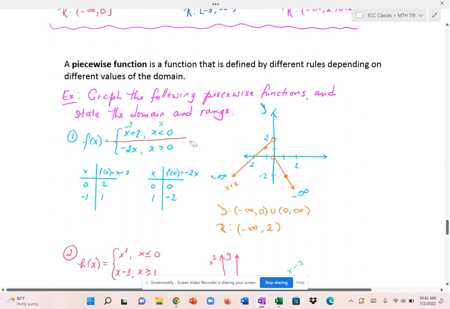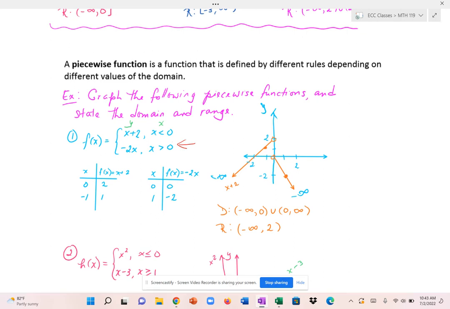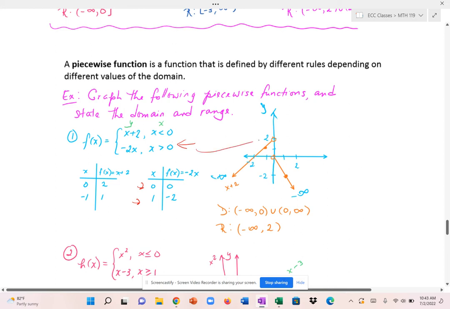Connect that open circle to that one and draw going to the left, and there's your line, the x plus 2, the top part. Negative 2x, the bottom half of this, is also a line, but I'm only interested in values of x greater than 0. Again, start at 0 and then pick one number bigger than 0. So I plugged in 0 and you get 0. 1, you get negative 2. Again, because it's just greater than, this point is open.